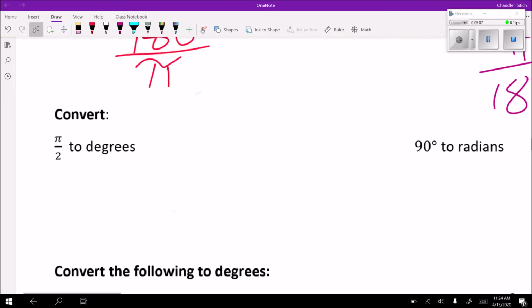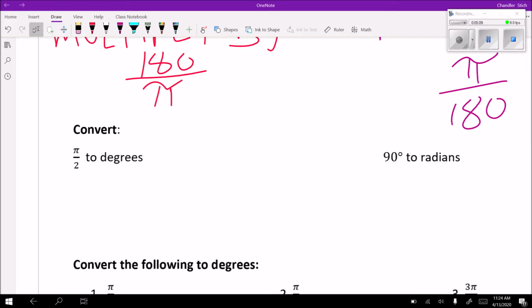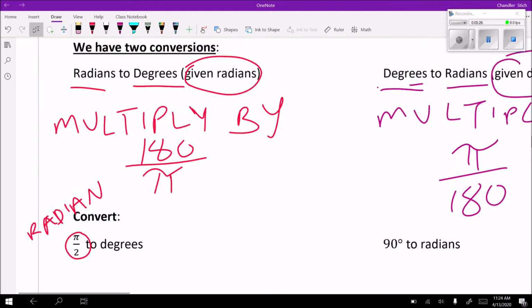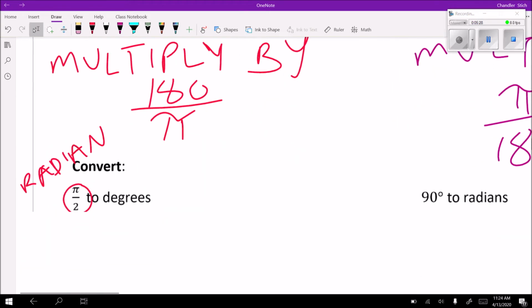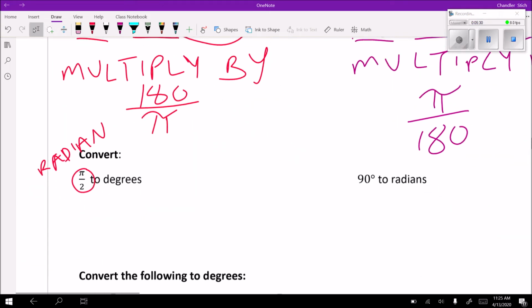Okay, let's look at this first one. Convert pi over 2 to degrees. This right here, we have pi in here, which means I have radians. I specifically wrote it in red because I know that if I'm given radians, I'm going to multiply by 180 over pi.